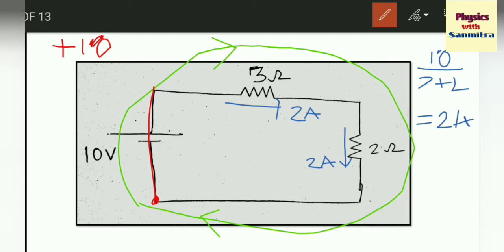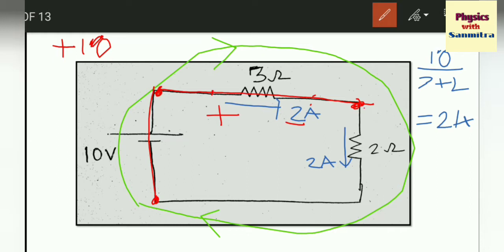Now from this point to this point, I am going along the direction of current through a resistance. Current is flowing from this point to this point, so definitely this point is at higher potential than that point. So I am encountering a loss in potential, because I am going to a place where the potential is low.